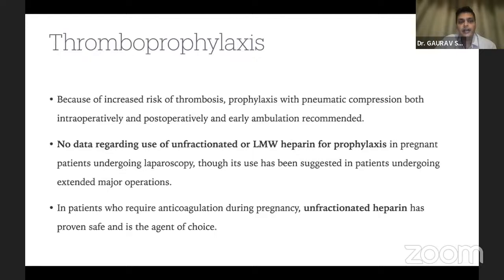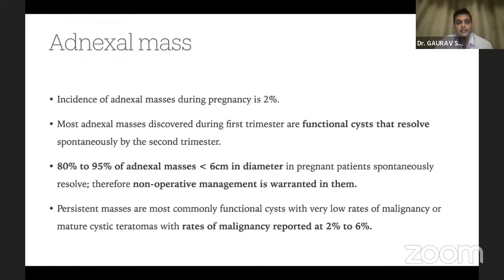So there's no real data regarding the use of unfractionated or low molecular weight heparin for the prophylaxis. And in patients who require anticoagulation during pregnancy, the recommended drug is unfractionated heparin, which is proven safe.